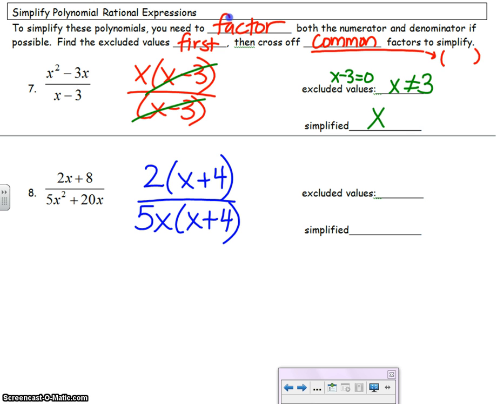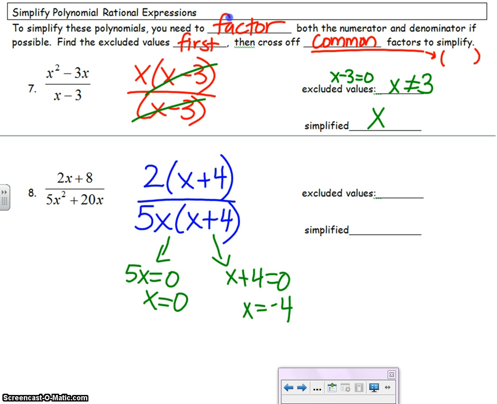So following along on my steps, I'm going to factor, which I've done that. Now I'm going to find the excluded values. So I'm going to set my two factors equal to 0. 5x is equal to 0, so x equals 0 is our first excluded value. And x plus 4 is equal to 0, so my second excluded value is x is equal to negative 4.